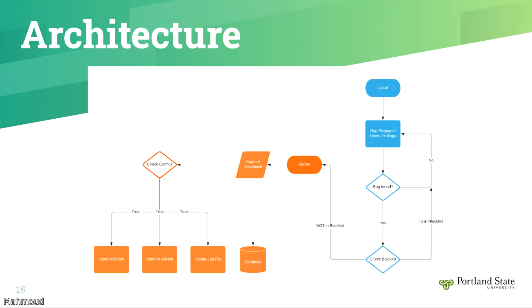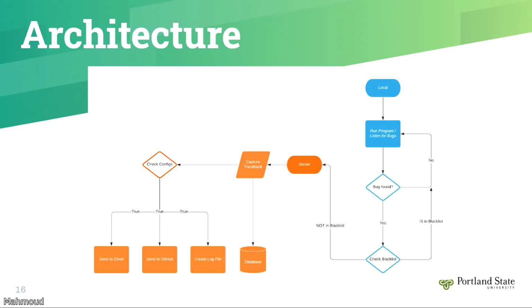In this slide, the diagram captures the actual implementation, which covers all the required features. The AutoBugTracker is designed to listen to a user program, and once a bug is found and it's not blacklisted, the bug tracker program server side will capture and communicate the traceback info to the bug database.